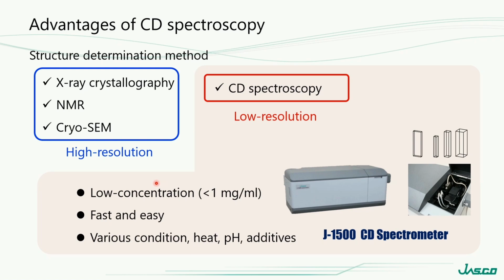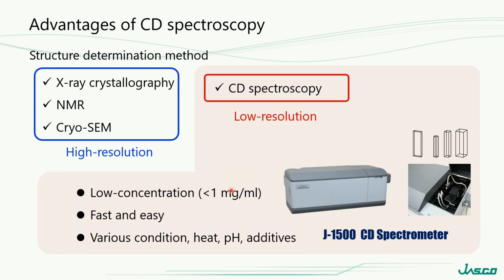CD spectroscopy offers robust data on biomolecules at low concentration. We simply set the cell and run the spectrometer, and we can obtain one spectrum in about 5 minutes.